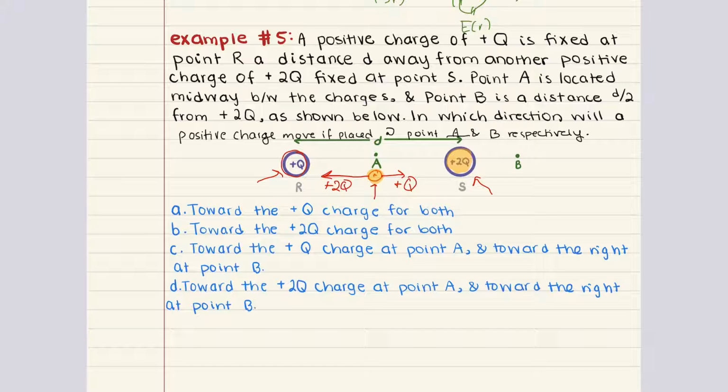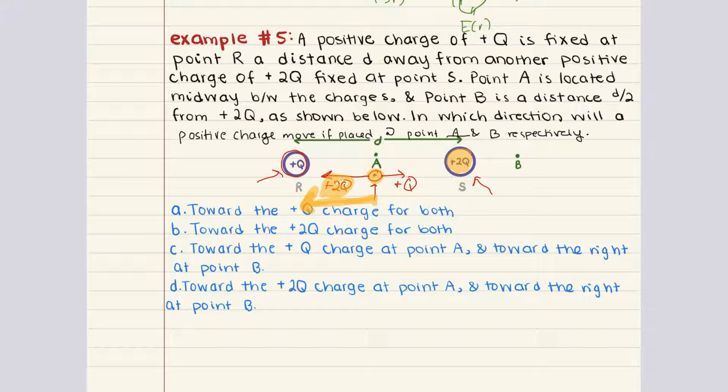So because point A is the same distance from plus Q and from plus 2Q, the force due to plus 2Q is going to be larger than that due to plus Q. And so there's going to be a net force to the left towards plus Q. So for a positive charge placed at point A, it's going to have a net force towards the plus Q charge at point R.